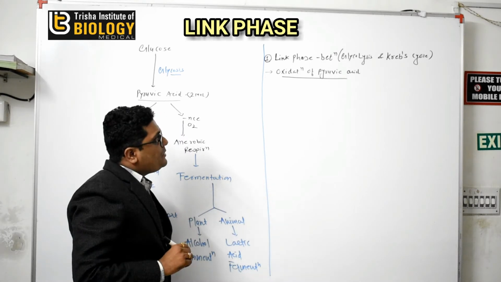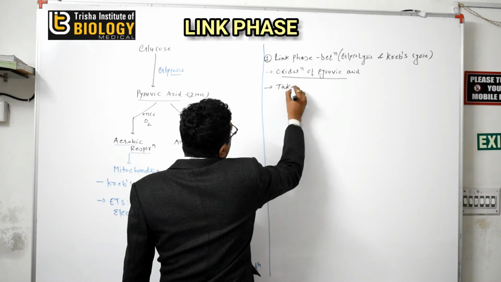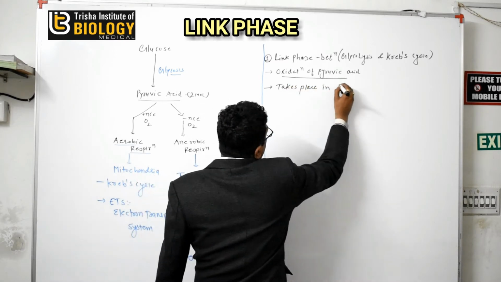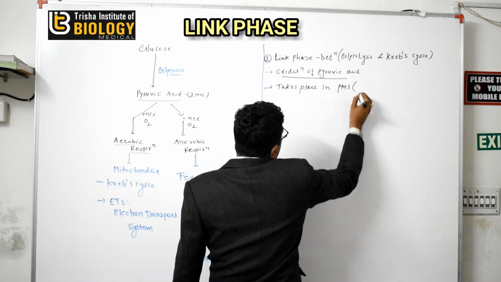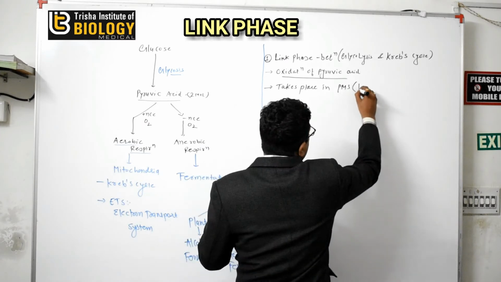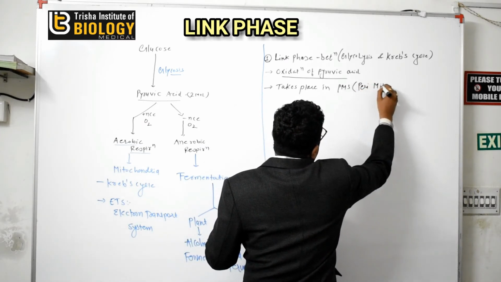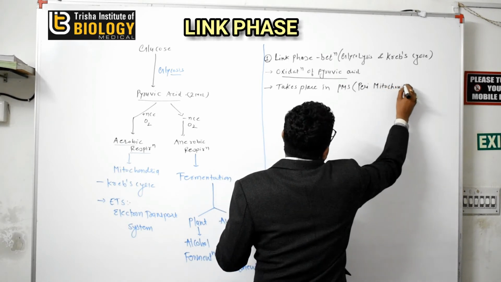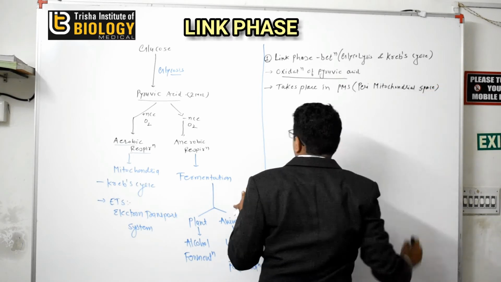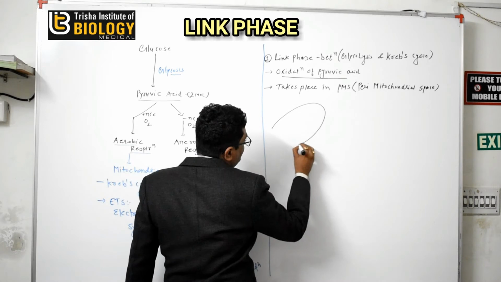Where does the oxidation of pyruvic acid take place? It takes place in the PMS. PMS means peri-mitochondrial space. Now what is peri-mitochondrial space? Suppose this is the mitochondria.